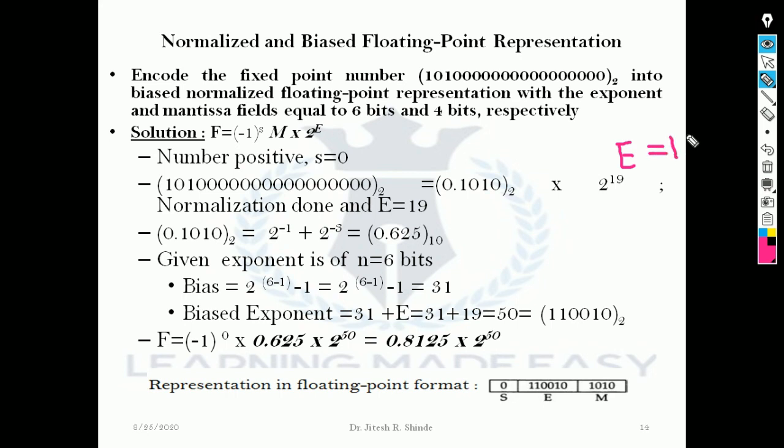Next step is to calculate the decimal value of the mantissa portion. So 0.1010, accounting only for the non-zero digits: 2 to the power minus 1 plus 2 to the power minus 3, the answer is 0.625 to the base 10.